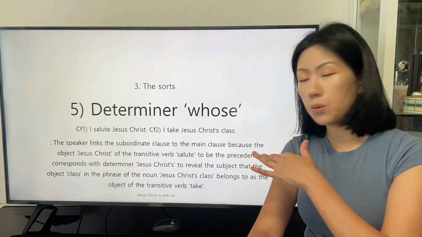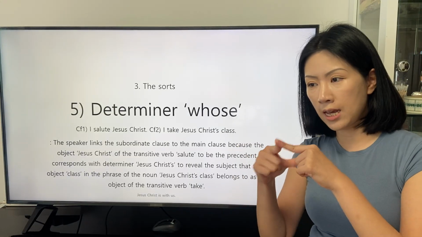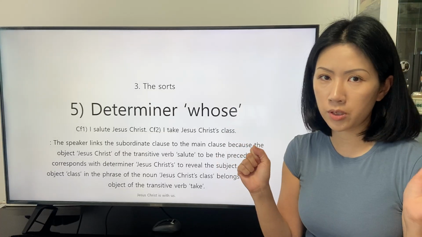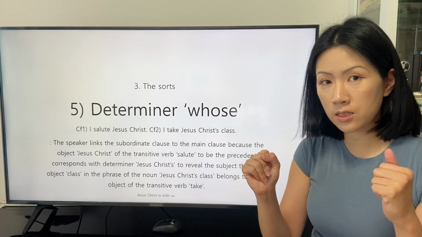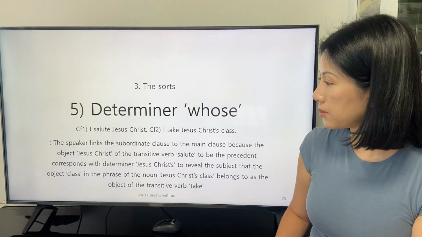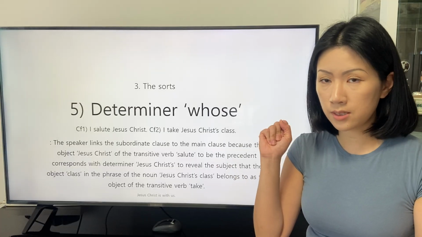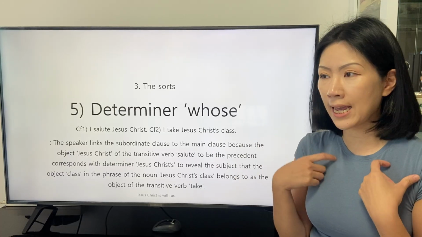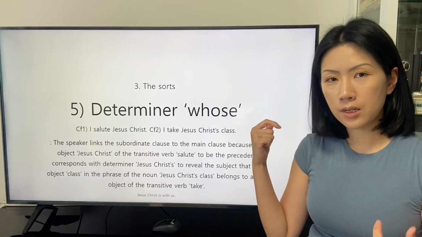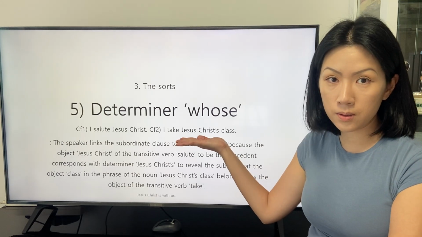In this case, we find that the shared indication is in the shared description, because the determiner is classified as one of the descriptive words. Still, the speaker can link the two clauses because the speaker can apply the determiner whose instead of the possessive determiner in the second clause.